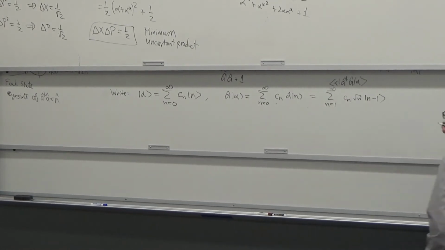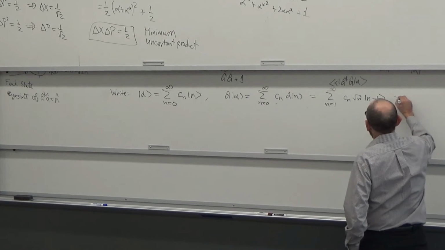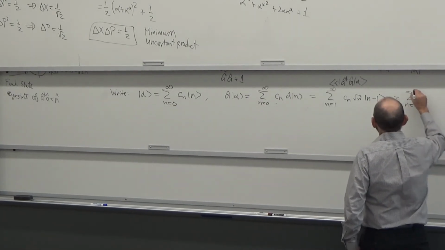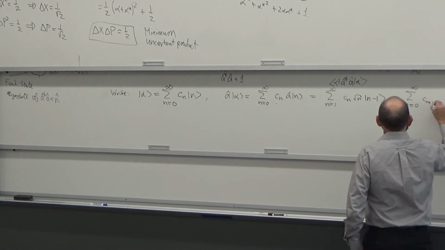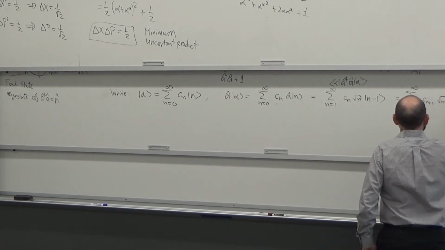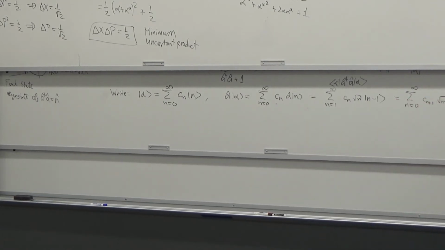And so I can rewrite this now just as a dummy index, ramping it up by 1, right, starting at 0. Okay? And what is this supposed to equal?